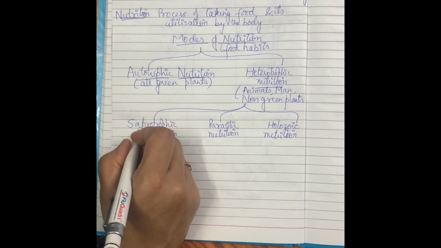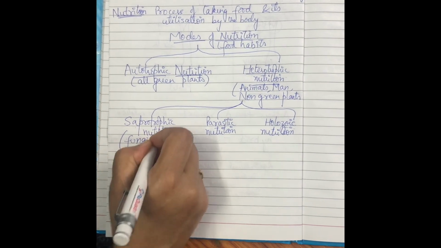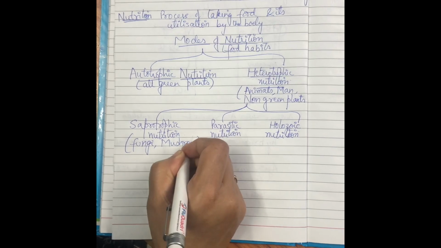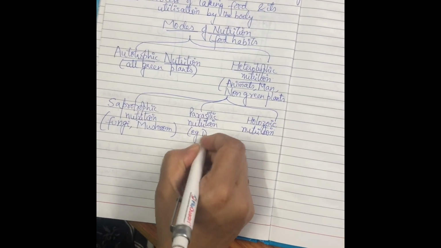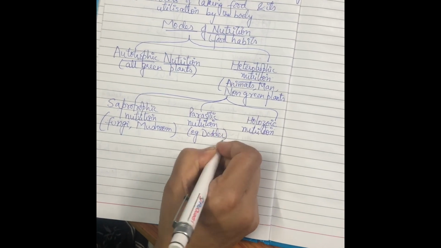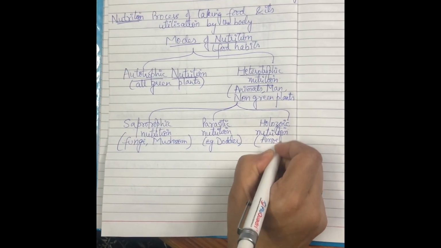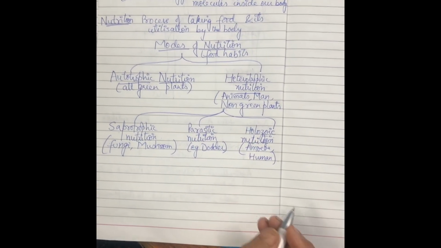The saprotrophic nutrition example is fungi, mushroom. Parasitic nutrition, the example is dodder, cuscuta. And holozoic nutrition example is amoeba and the human or the man.